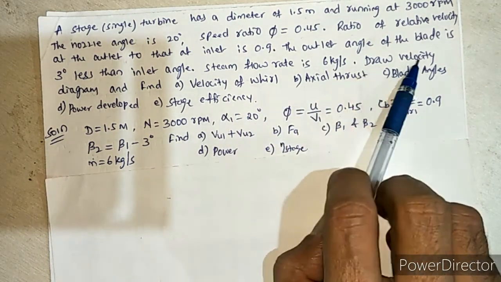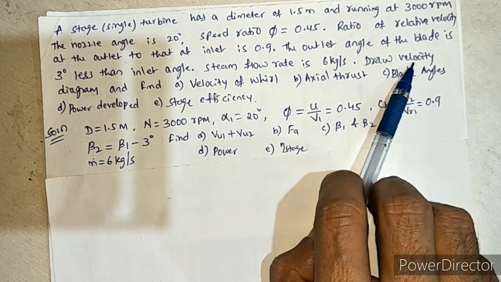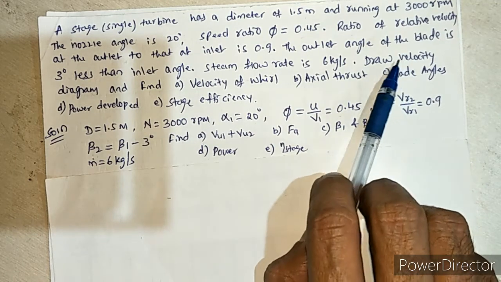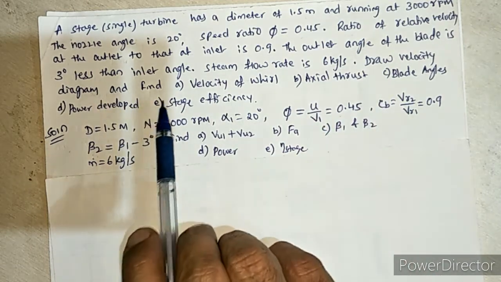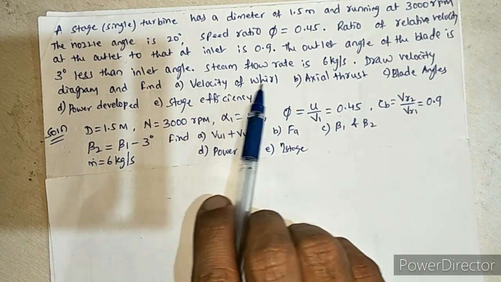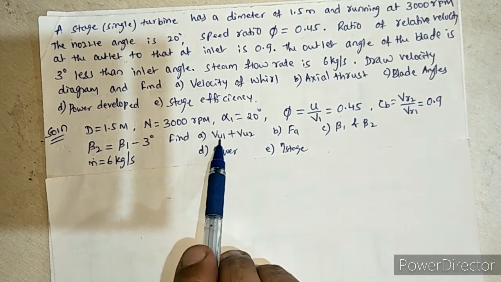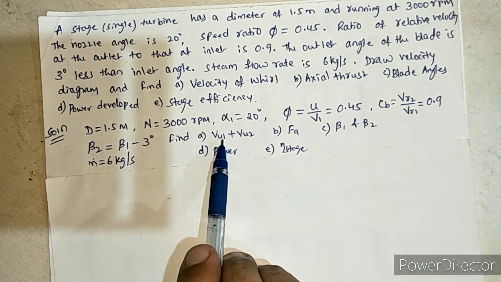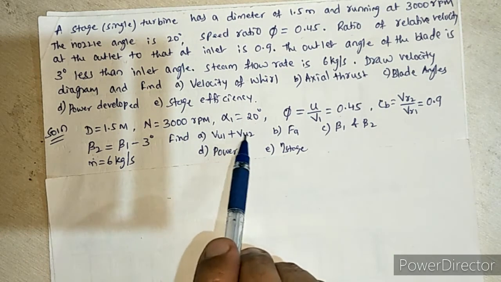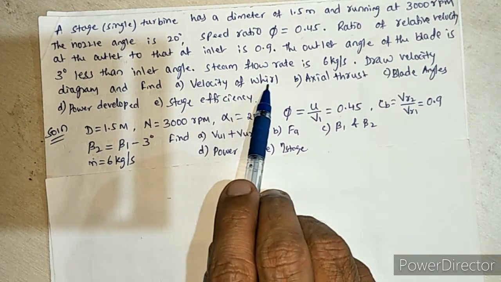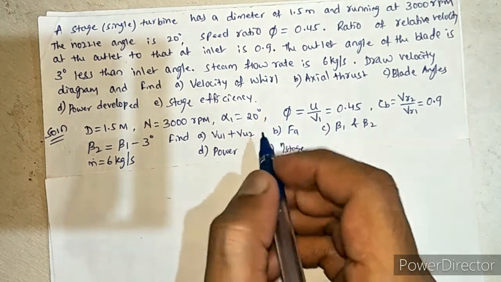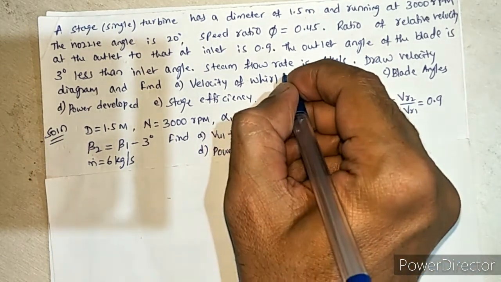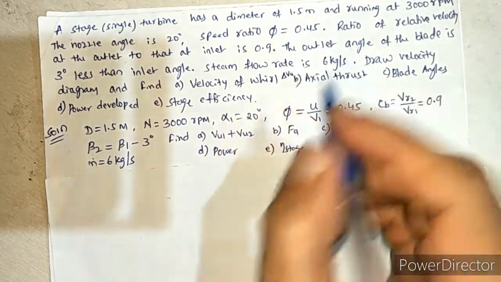And here we need to draw the velocity triangle, so we'll solve the problem by graphical method, and we'll draw the velocity diagram and find velocity of whirl. Velocity of whirl is nothing but the sum of tangential components at inlet and outlet, so it is delta vu.